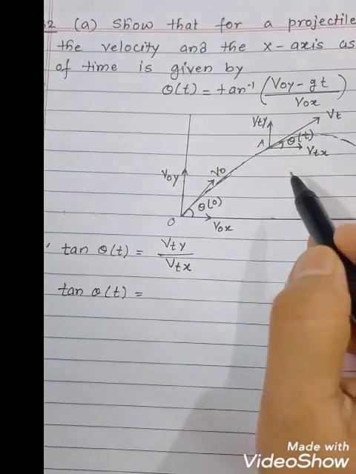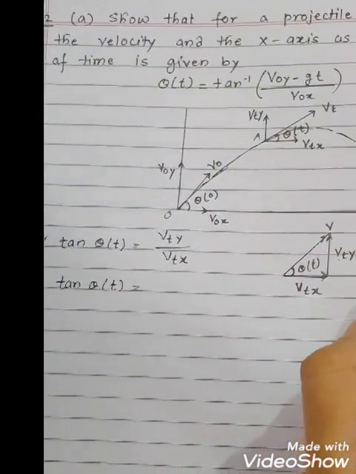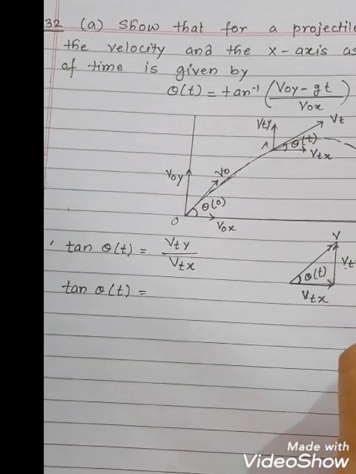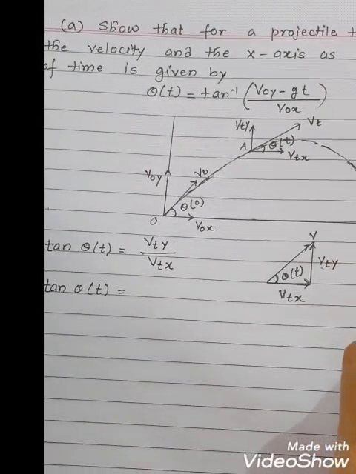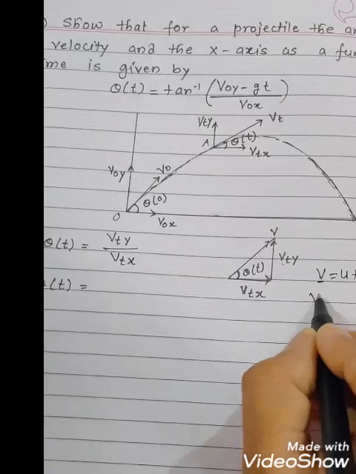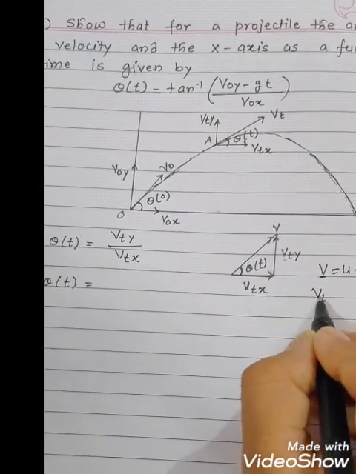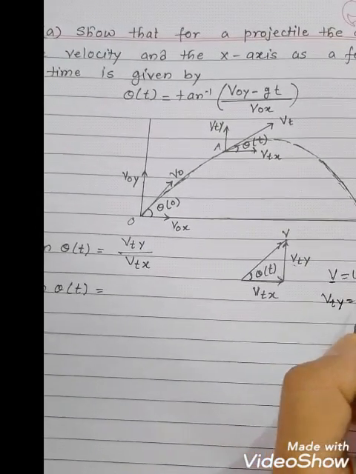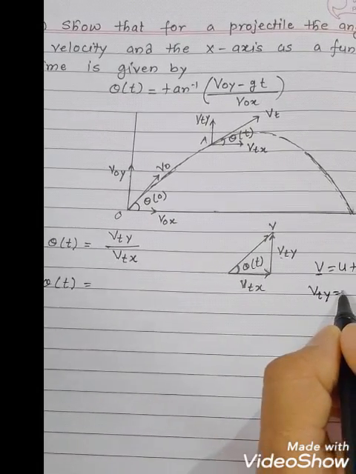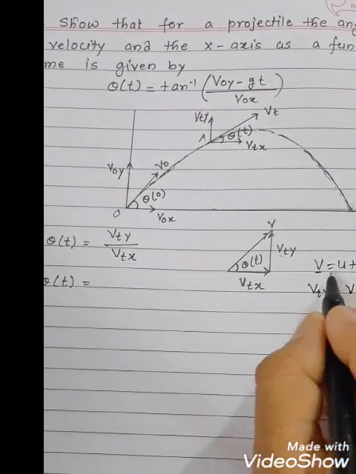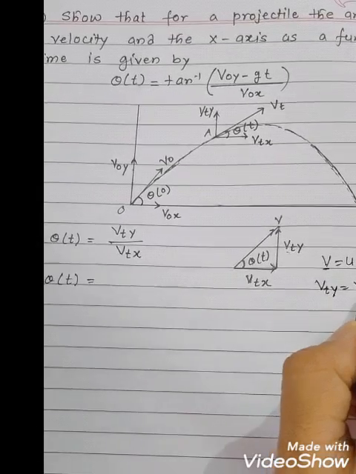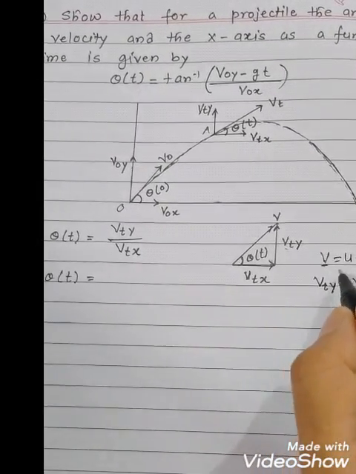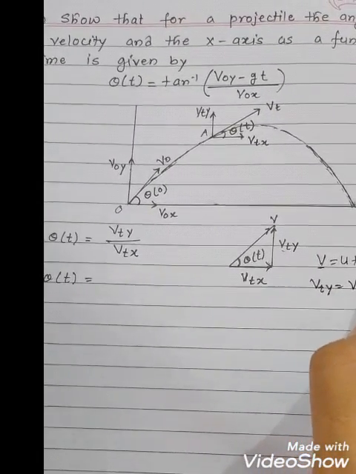So when we apply the formula v equal to u plus at, here this v is actually vty, and the initial velocity is v0, and because it is the vertical component, we can write v0y.